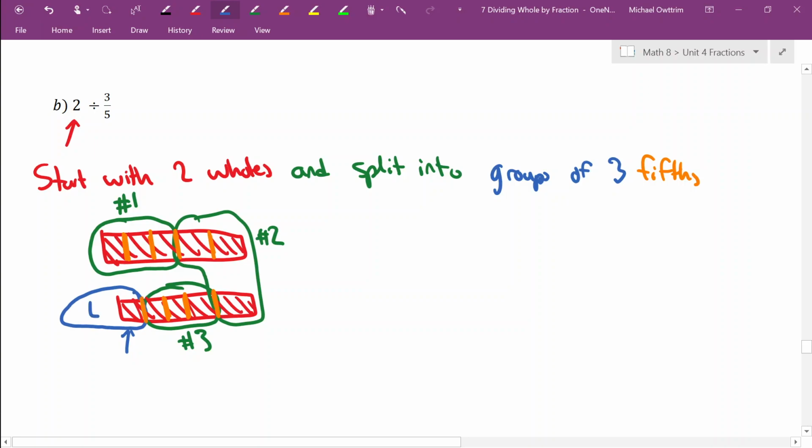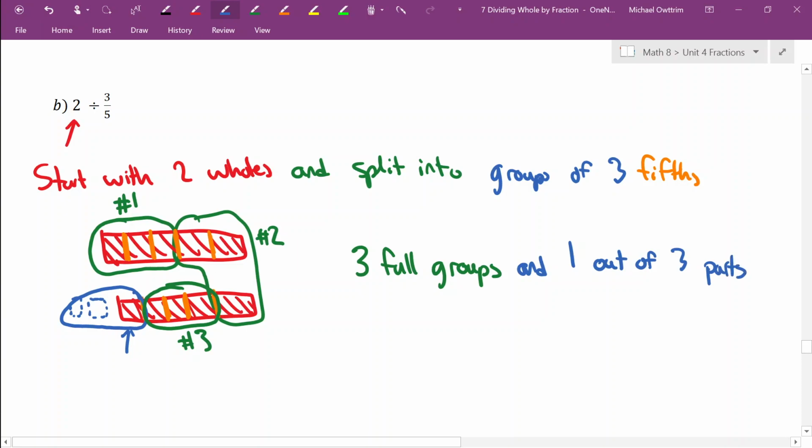And so that leftover one is 1 out of the 3 pieces that I need for this last group. So I've got 3 full groups in green, and I've got 1 out of 3 parts in my partial group. And so that's going to be the mixed number 3 and 1/3.